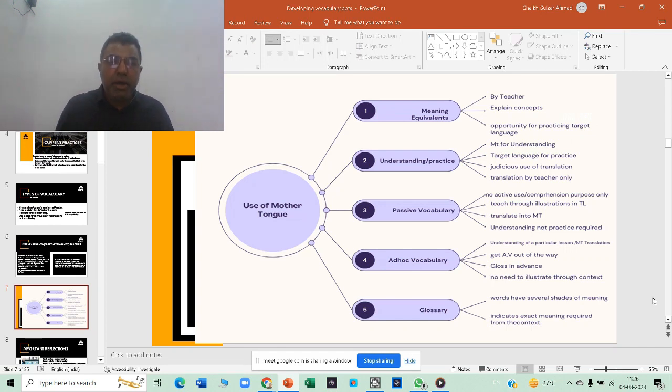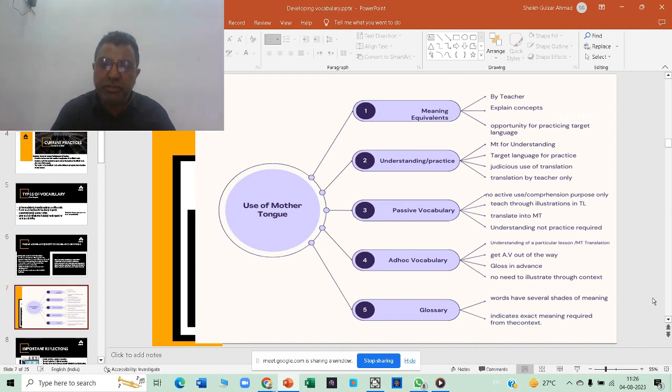So अभी हम use of mother tongue का देखेंगे कि when it comes to teaching of vocabulary, what is the role of mother tongue? Mother tongue का role क्या है? Number one, see, when it comes to giving meaning in equivalence, the first thing is that mother tongue, if ever used in an English classroom, should be used by the teacher.